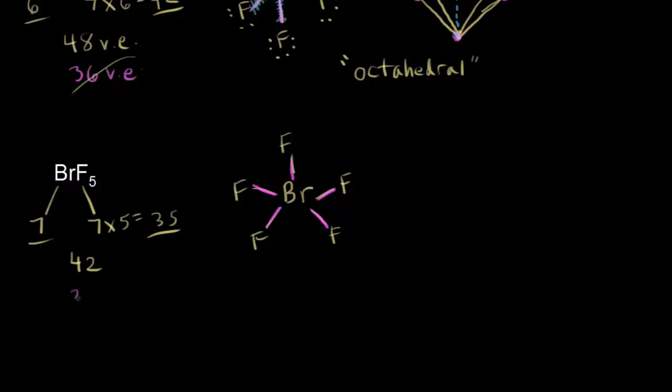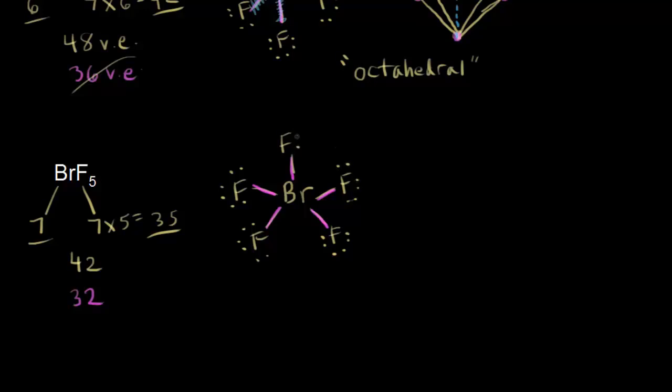42 minus 10 is, of course, 32 valence electrons, and we're going to start putting those leftover electrons on our terminal atoms, which are our fluorines. Once again, we're going to give each fluorine an octet, so we put 6 more valence electrons around each fluorine atom.